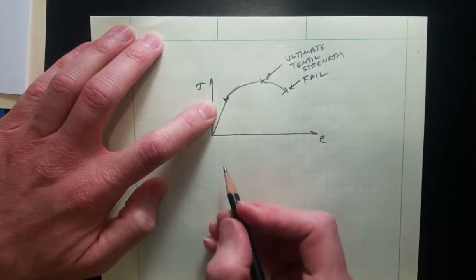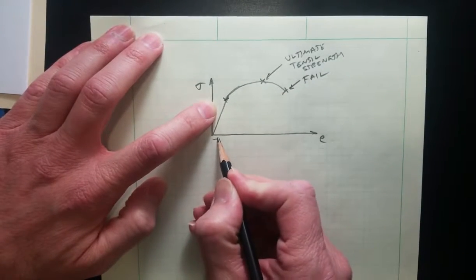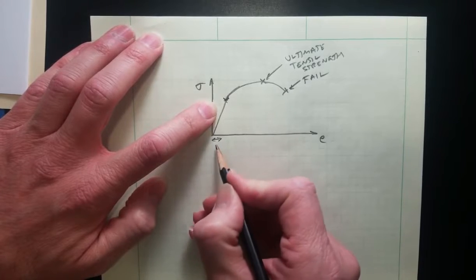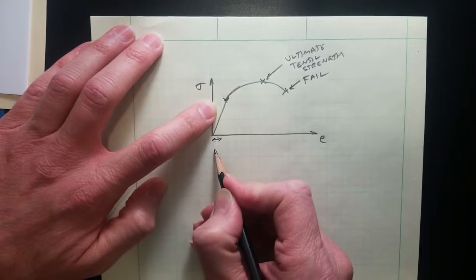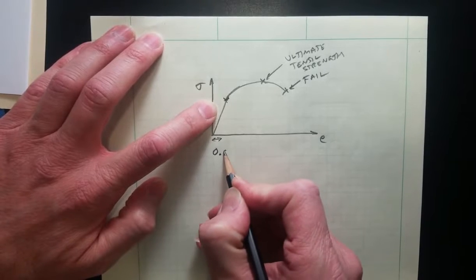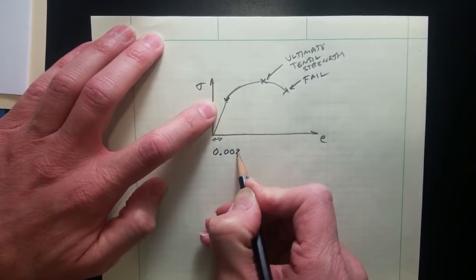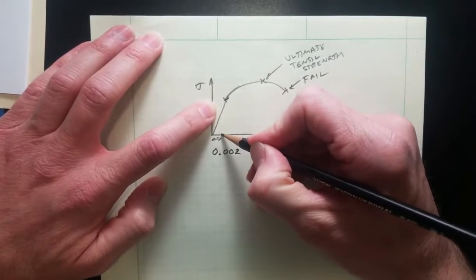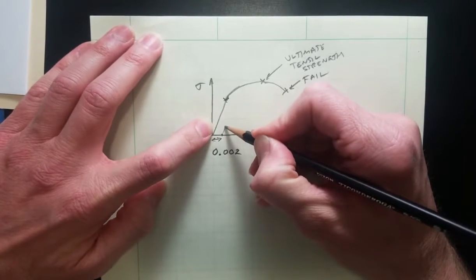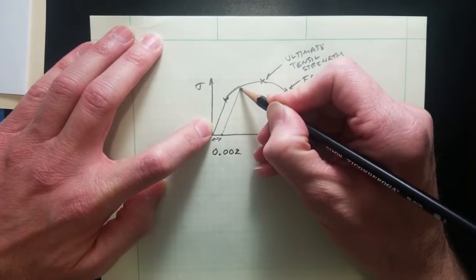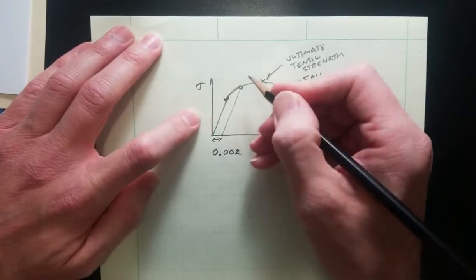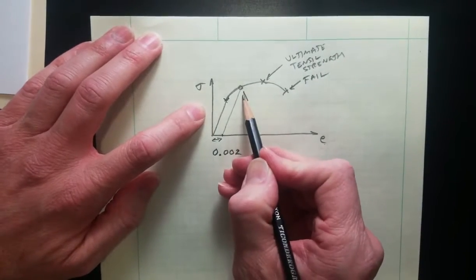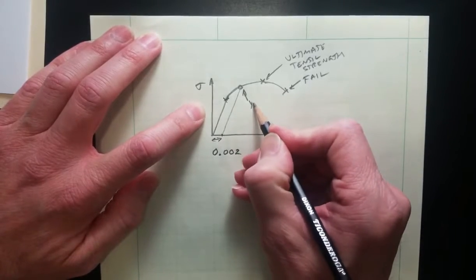So instead, we come over by what's called a 0.2% offset. So that's 0.002 strain. And we trace up parallel. And that point now is our yield point.